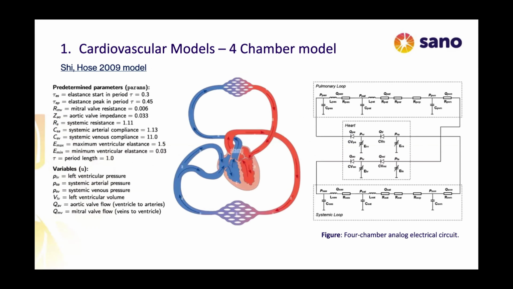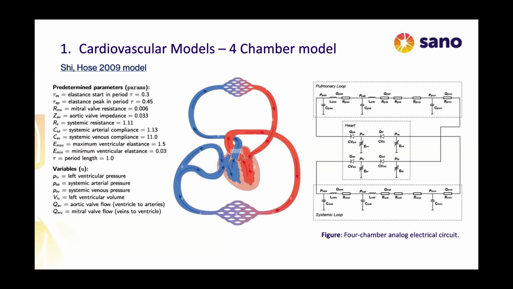This is a model of the cardiovascular system that consists of heart and blood vessels, veins and arteries, and it has been going around for years. It has been used to measure specific parameters of the cardiovascular system in a zero-dimensional way.